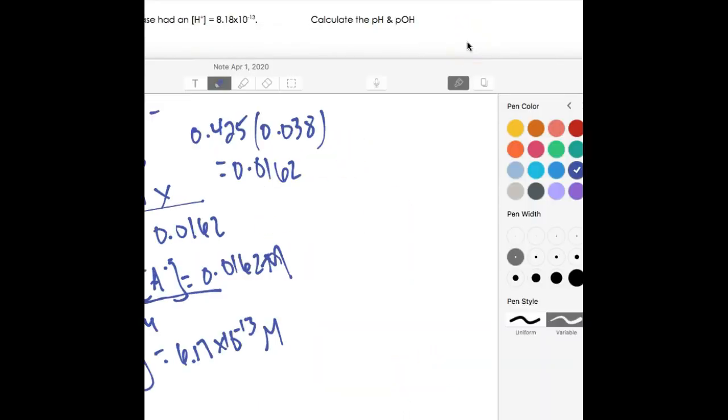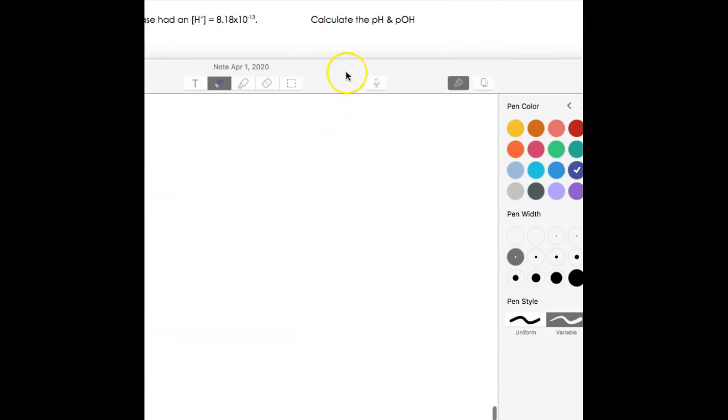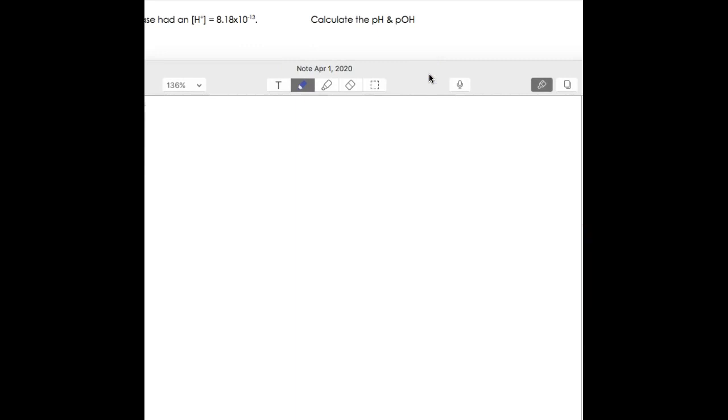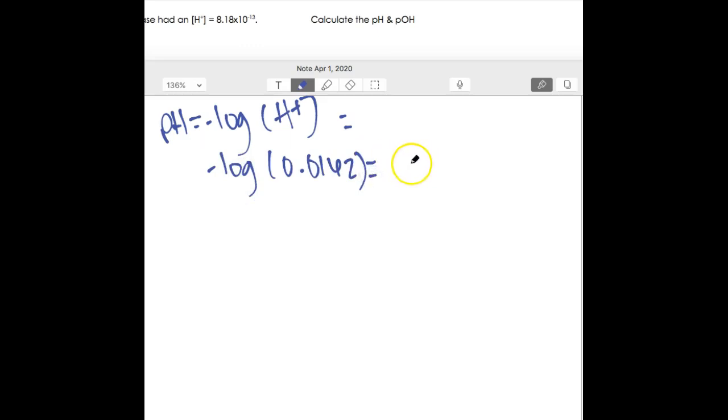Calculate the pH and pOH. So the pH, we know H plus, what is the concentration of H plus? That will be used in this equation to give us the pH. So we plug in H plus, which is negative log, that will give us the pH, and then if you subtract that from 14, that will give us the pOH, which is 12.